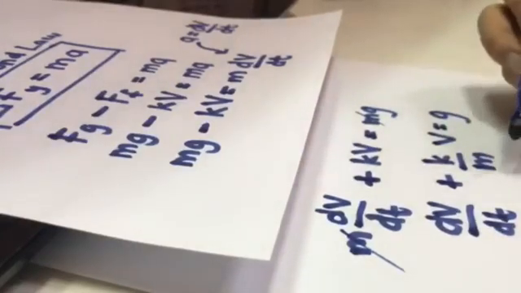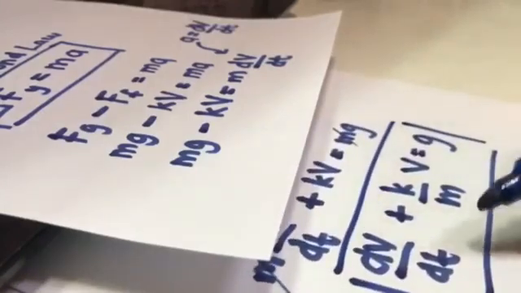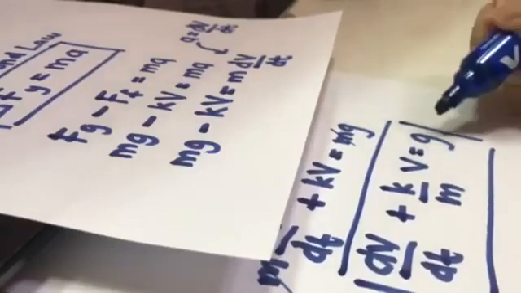So this is the final differential equation for the falling body: dv/dt plus k/m times v equals g.